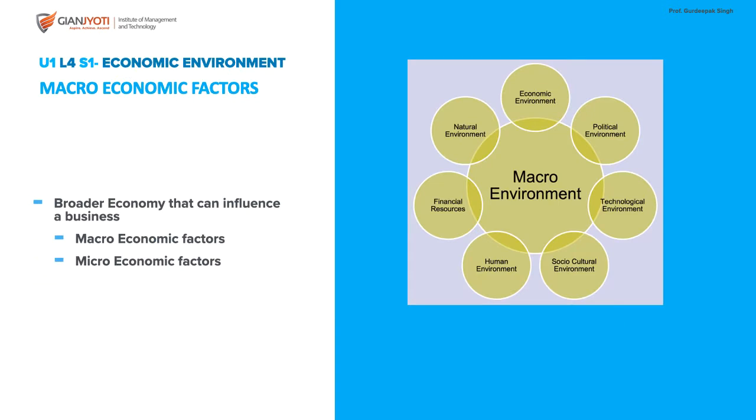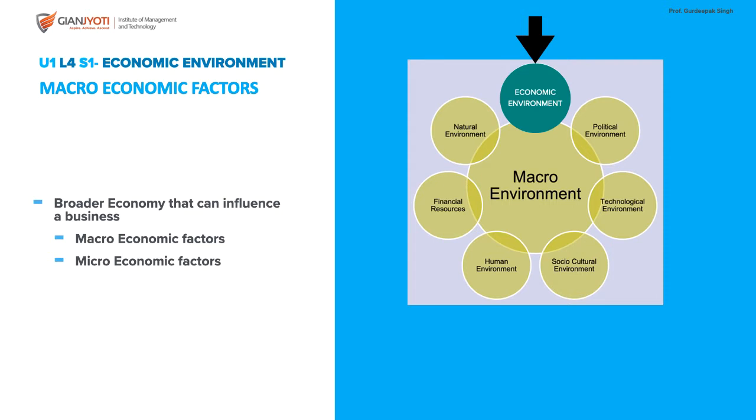Let us start with macroeconomic factors. So we discussed the political environment, and today we are taking up the macro environment, which is economic environment. Now, when we talk about the economic environment, there are two types of factors. One is the macroeconomic factors and the other is the microeconomic factors.